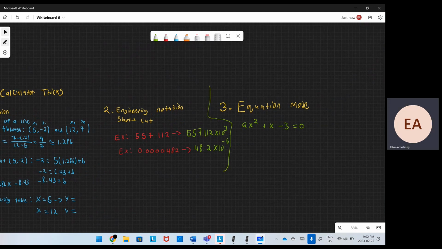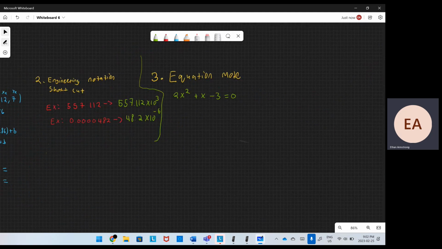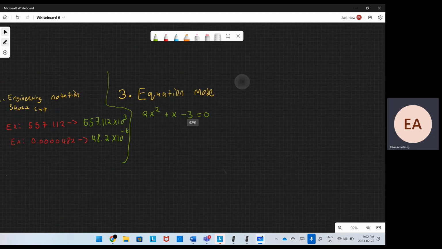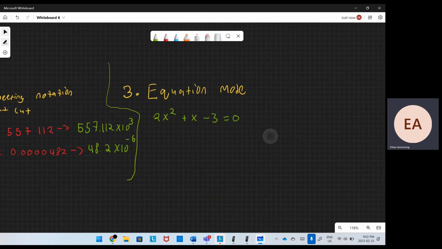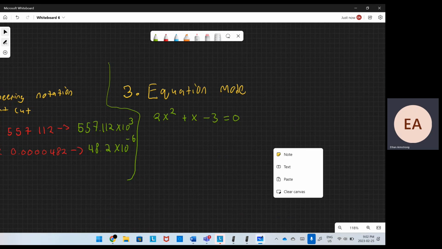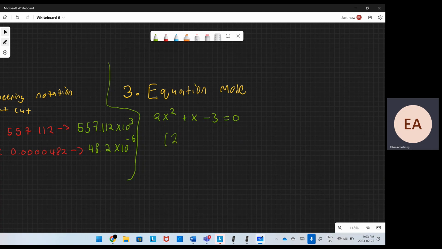This last one is not super relevant right now, but once we start getting into quadratics, it'll be pretty useful. One way you could solve this is by factoring. So then you could factor that out. It would be, let me think, 2x plus 3 times x minus 1, I believe, equals 0.